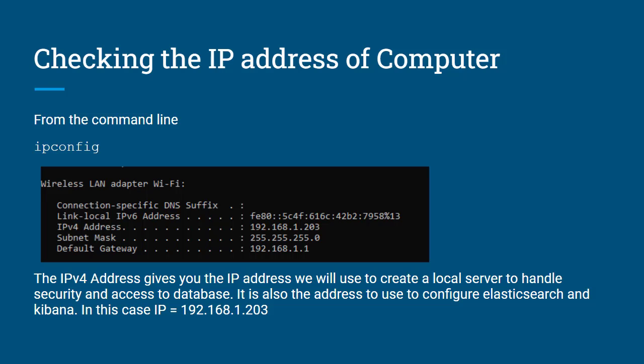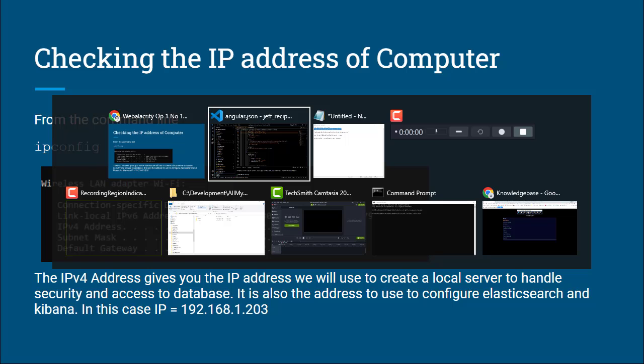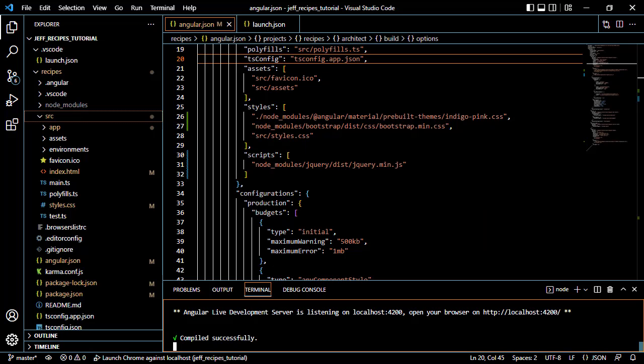So in order to make this thing work on the Wi-Fi, I need to know the IP address of my particular computer. And to get that, you go to the command line. We can do it from here since this is a command line.